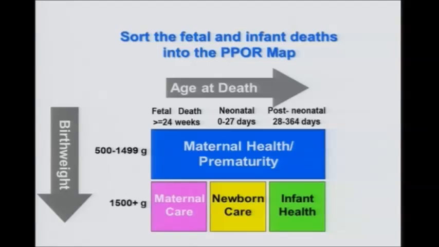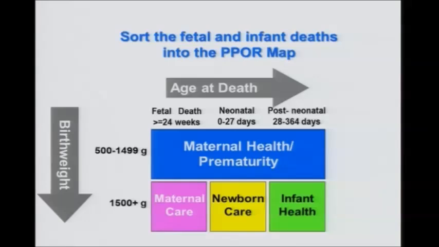Those that are not very low birth weight but are fetal deaths may be amenable to better maternal care. Those that are neonatal deaths, non-very low birth weight, are attributable to perhaps quality in newborn care or access, and then the post-neonatal deaths, non-very low birth weight, are due to infant health and access to care.